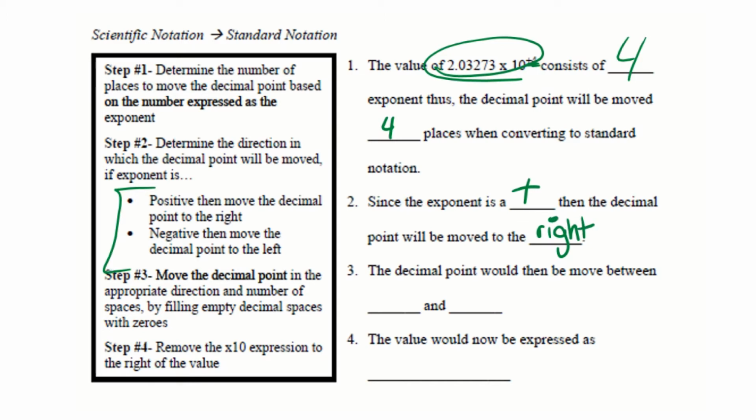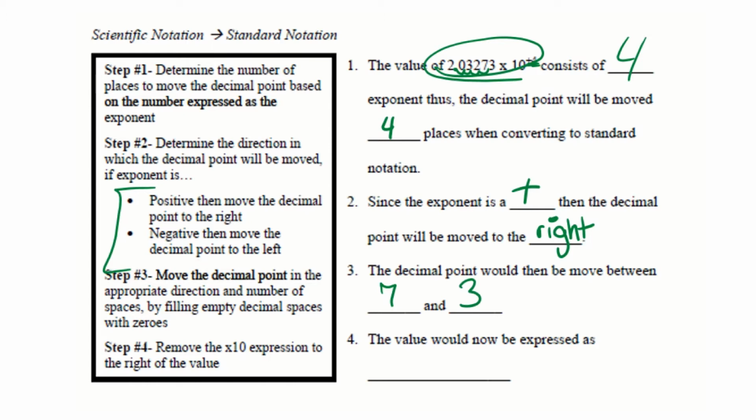Now, step 3, move the decimal point in the appropriate direction and the number of spaces by filling empty decimal spaces with zeros. So in this case, I am going to move this decimal 4 times to the right. 1, 2, 3, 4, which ends up being between 7 and 3.